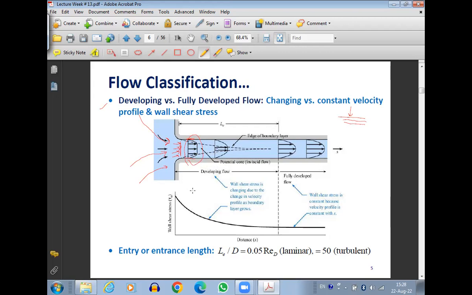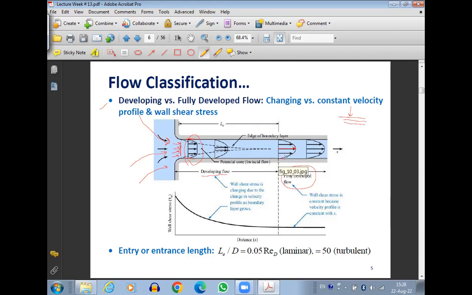So this is the underdeveloped region, where the flow is actually developing. A time will reach when the velocity profile is perfectly developed, and we call it fully developed flow. In fully developed flow, the velocity profile looks like this: you have the maximum velocity in the central layer, the middle layer, and zero velocity at the edges, with velocity variation throughout from the edges to the center.